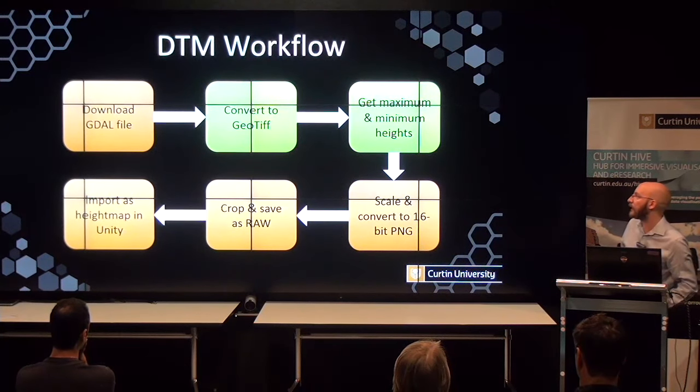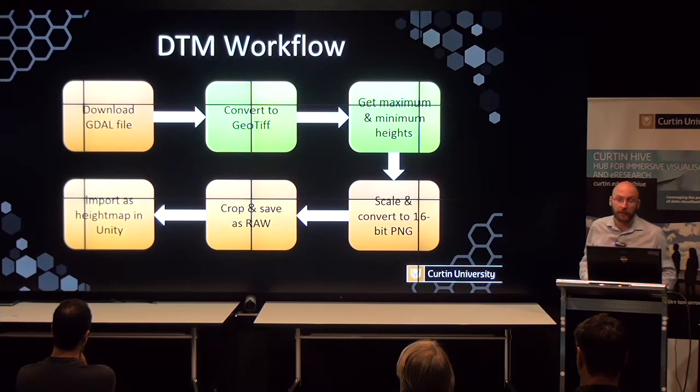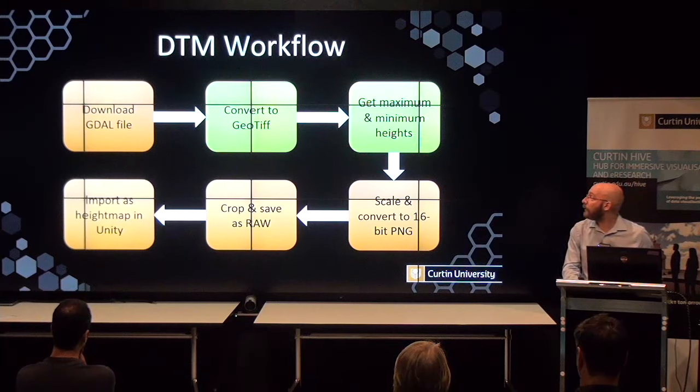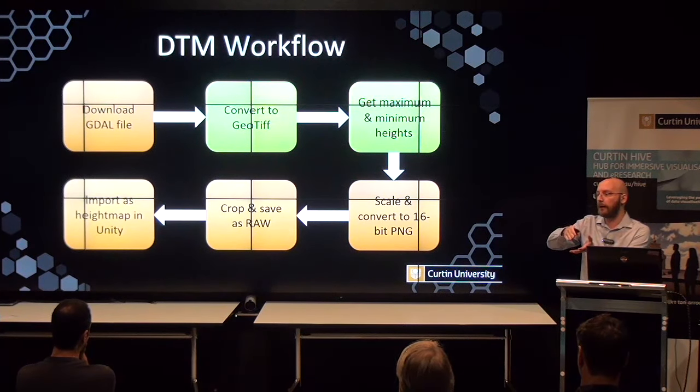So how do you turn satellite data into a 3D terrain? It's actually a fair bit easier than you'd think. Unity has a kind of object in it called a terrain, and this allows you to import a raw height map and it will automatically turn that into a 3D structure.